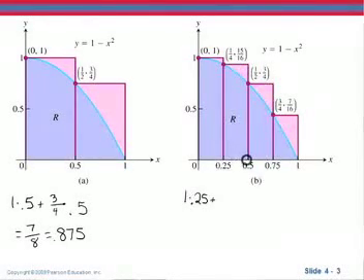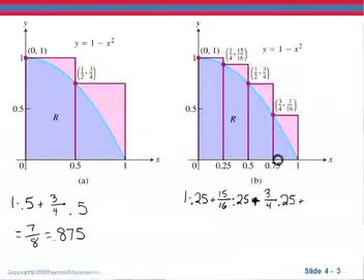This rectangle is also 0.25 wide, but its height is 15 over 16, so I have 15 over 16 times 0.25, plus, this is 0.25 wide and 3/4 high, so 3/4 times 0.25, plus, and this is 0.25 wide and 7/16 high, so I've got 7/16 times 0.25.